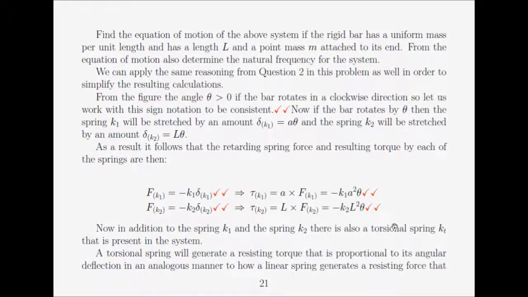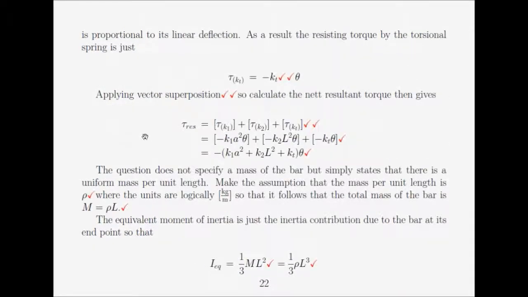So the torsional spring will generate a resisting torque that is proportional to its angular deflection. This is basically what you must understand and remember. So the resisting torque is minus kt times theta. So this is the underlying equation of motion for a helical spring that is exerting a resisting torque.